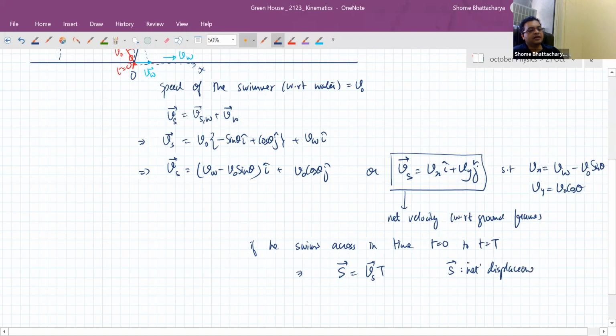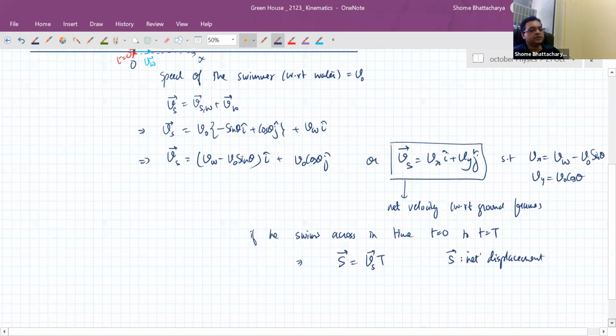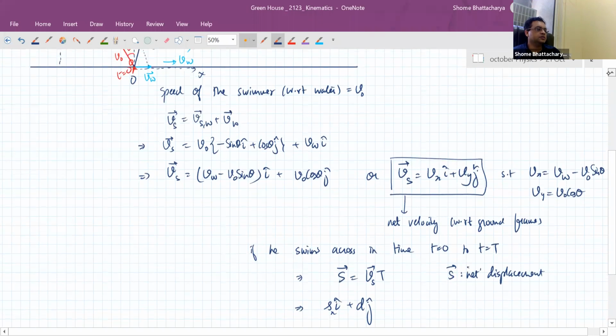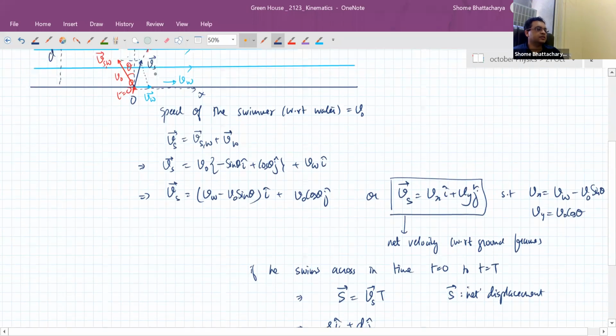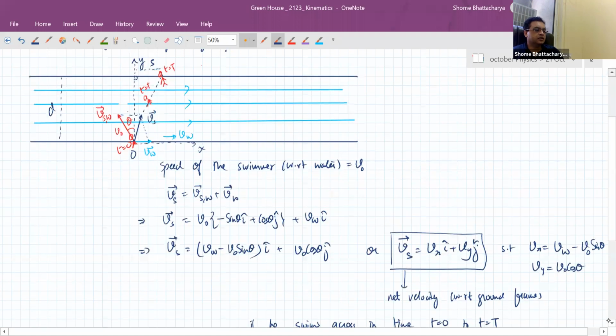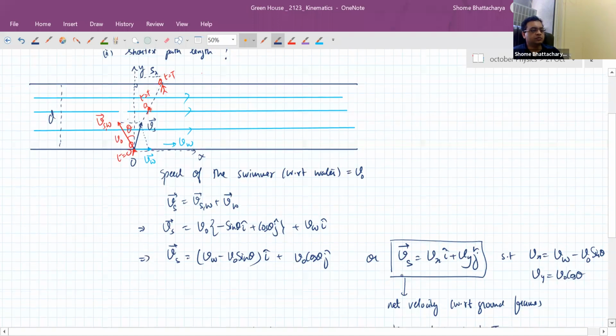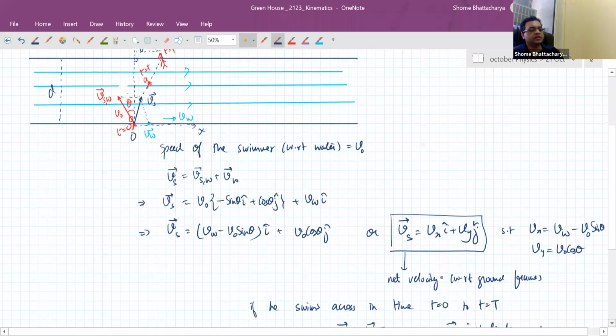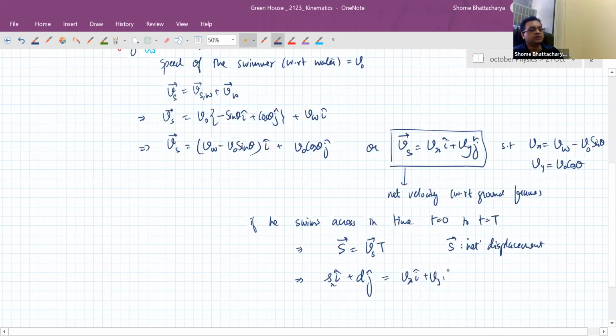Referring to the above diagram, the net displacement is some distance he has drifted along the x-axis plus the width of the river along the y-axis. We can call this sx because it's the component of displacement along the x-axis, the distance by which he has drifted down the x-axis. So this should be equal to the above velocity, which is Vx i cap plus Vy j cap, multiplied by time.